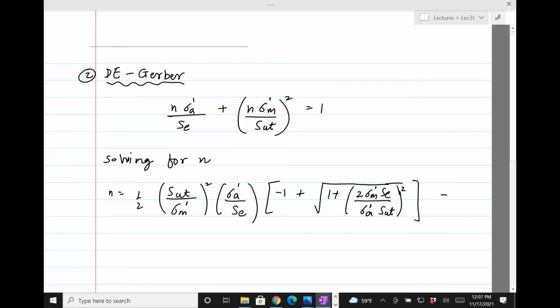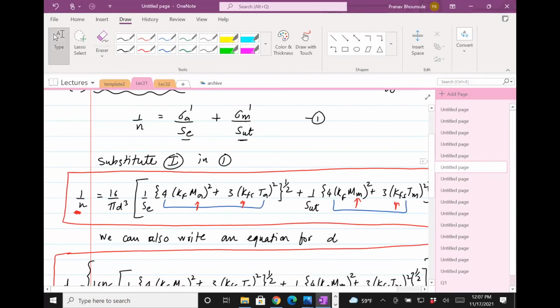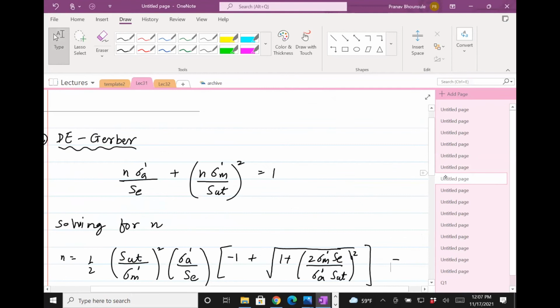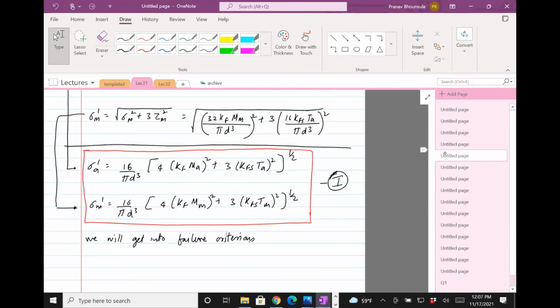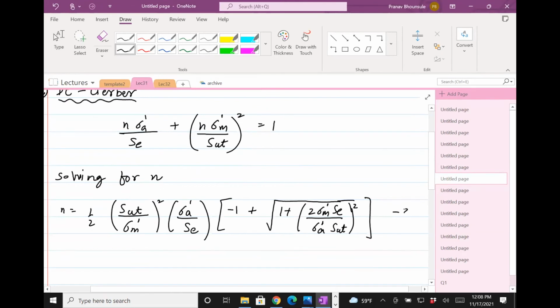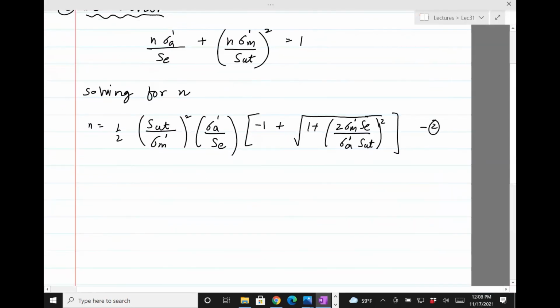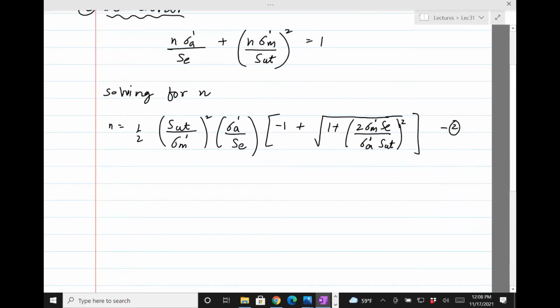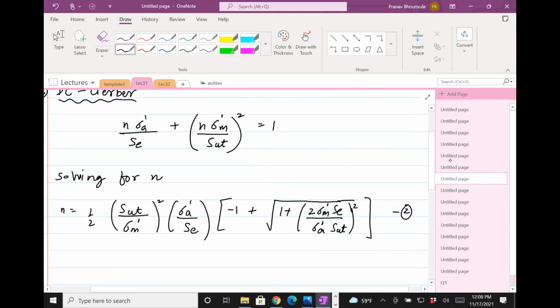Okay, let me see the notation I used. We'll call that 1. I called it the Roman 1. Okay, so let's call this 2. So what I need to do is substitute the values for sigma a prime and sigma m prime, and those equations were written in here.